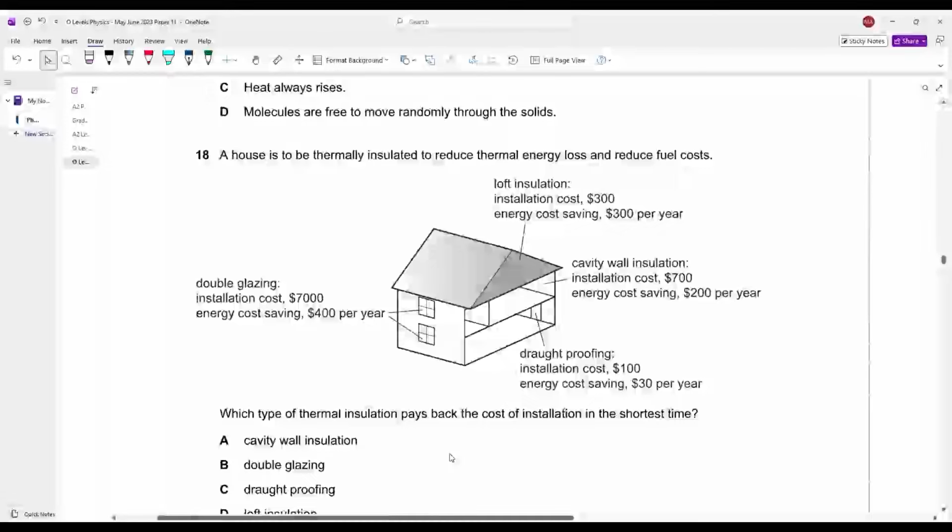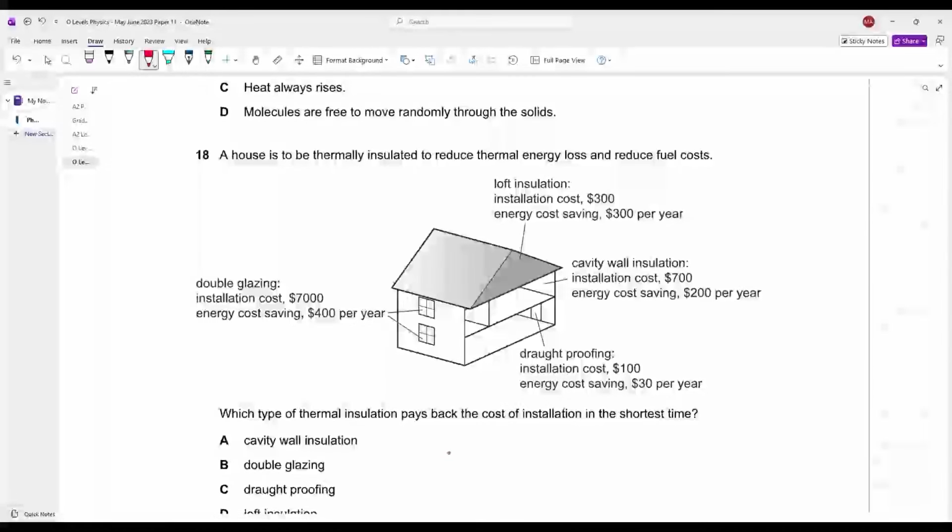A house is to be thermally insulated to reduce thermal energy loss and reduce fuel cost. What type of thermal insulation pays back the cost of insulation in the shortest time? अच्छा जी, cost of insulation आपको shortest time में किधर से मिलती है? देखो, if you put a double glazing on the window, the cost of installation is $7,000. और आपको एक साल में कितनी बचत हो रही है? $400.